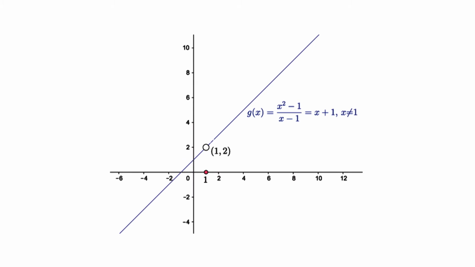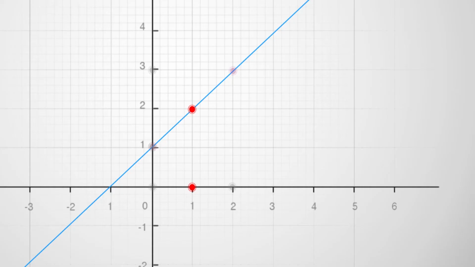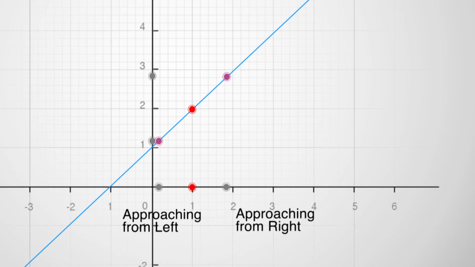Thus, the graph of g is the line y = x + 1 with the point (1, 2) that corresponds to x = 1 removed, which is indicated by a hole as in the figure. Even though g(1) is not defined, it can be seen that when x approaches 1 from both sides along the x axis, the corresponding points on the graph approach the hole (1, 2) and simultaneously the corresponding g(x) values approach 2 along the y axis.